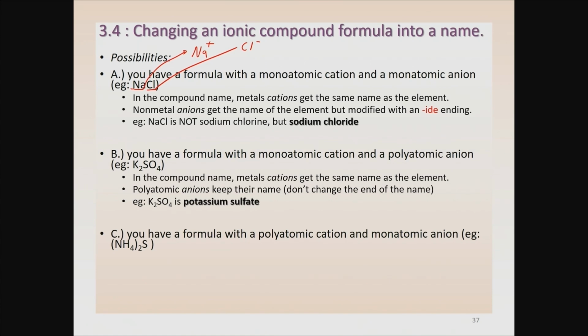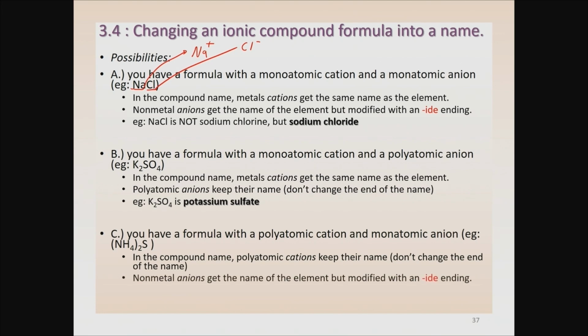Okay, now another possibility is that you'll have an ionic formula where you're matching a polyatomic cation with a monatomic anion. And so there's an example there. It's (NH4)2S. And so what do you do about that one? Here, when you write out the name of this compound, the name of the polyatomic cation is the same. You don't modify that in any way.